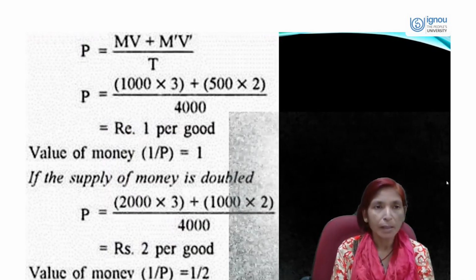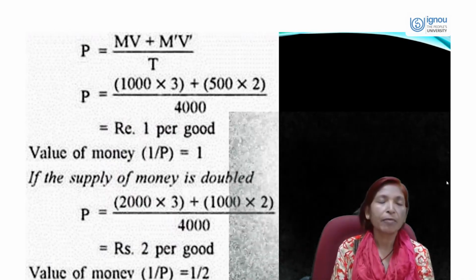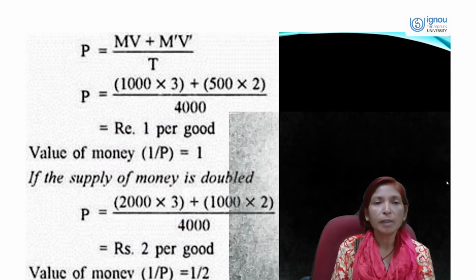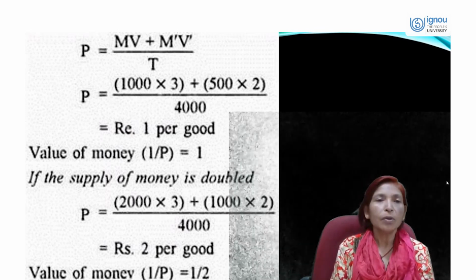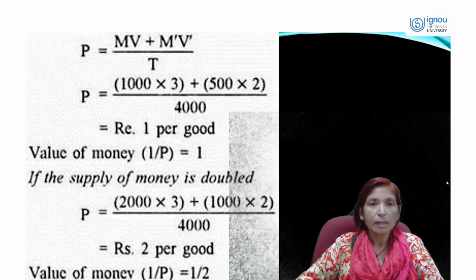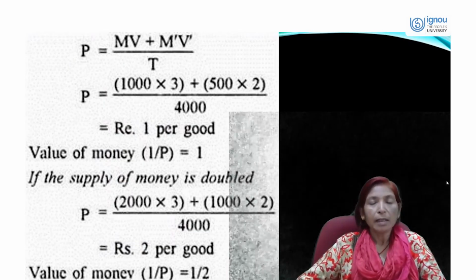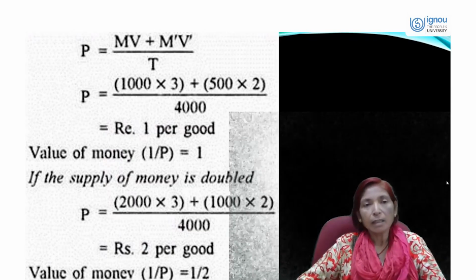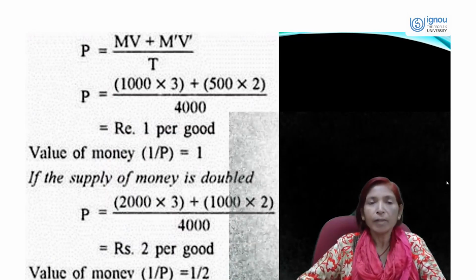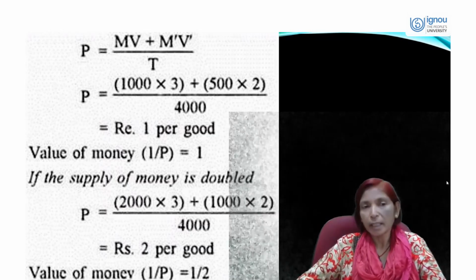His simple equation was MV = PT, from which we can calculate P = MV upon T. But due to some criticism from other economists, who said that Fisher should include change in money supply and change in velocity of money in his equation, Fisher included M' and V' in his previous equation, which was only MV = PT.